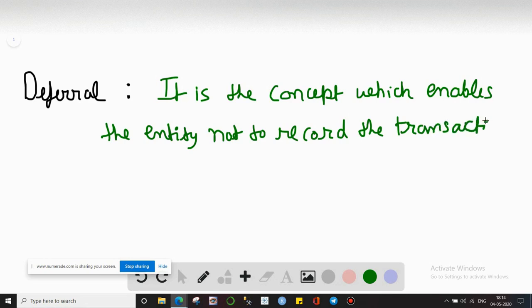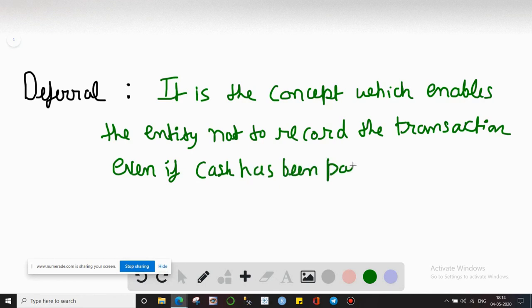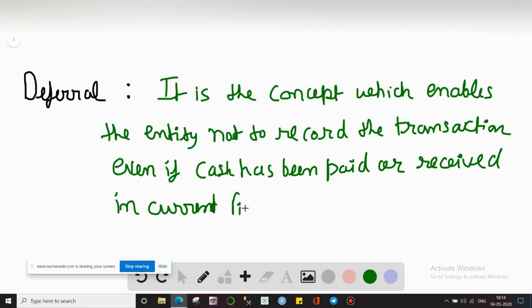Not to record the transaction even if cash has been paid or received in the current financial year. Okay, we will understand it through an example.